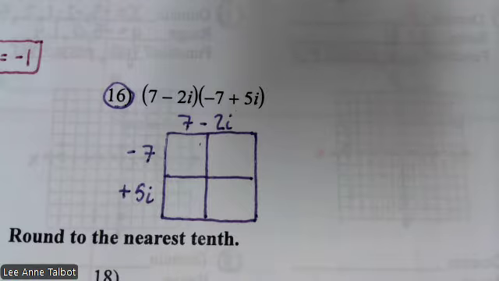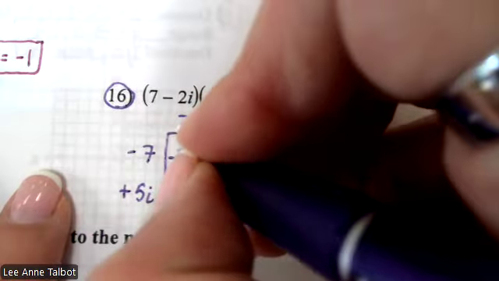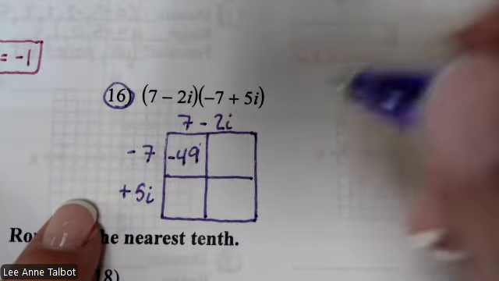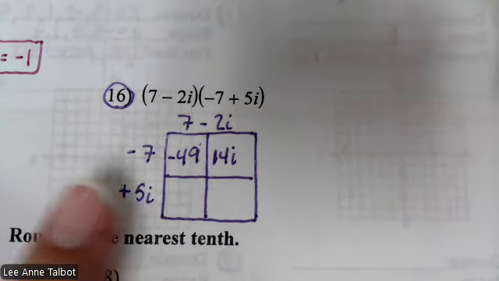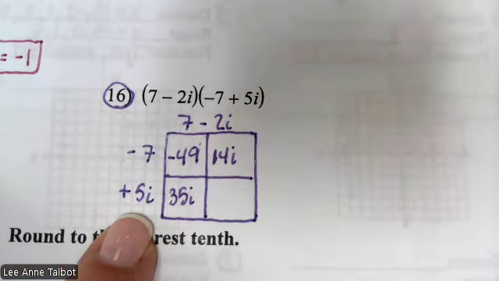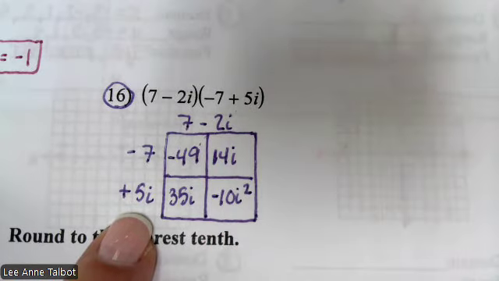It doesn't matter the order. This is negative 49, positive 14i, positive 35i, and negative 10i squared.